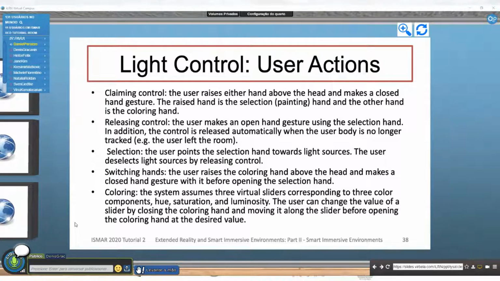In other words, the three-dimensional space now becomes a color space, for example hue, saturation, and luminosity. By using the non-dominant or non-controlling hand, as we have seen, we can change the color intensity of the currently selected light.